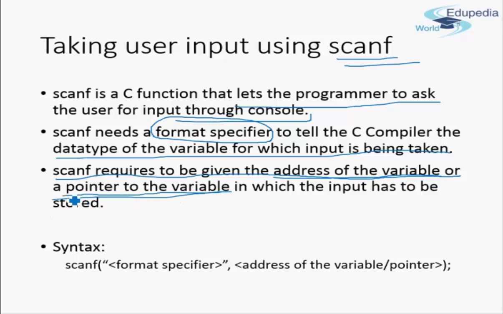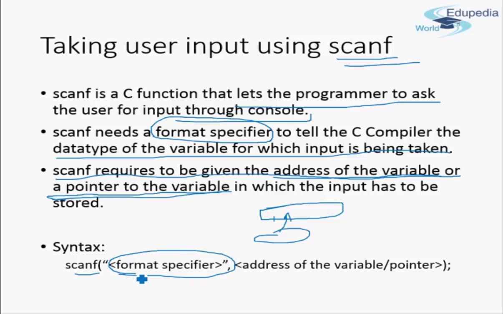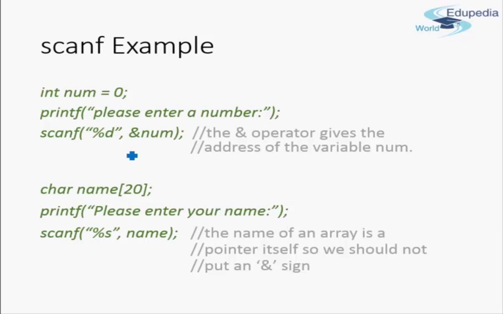So you can give either the address of the variable, the memory location where that variable has to be stored after taking the input, or the pointer to that variable. So how it is used: scanf. Here will be your format specifier. After that you have to give the address of the variable or the pointer to that variable. Now I will show you how to give the address of that variable.